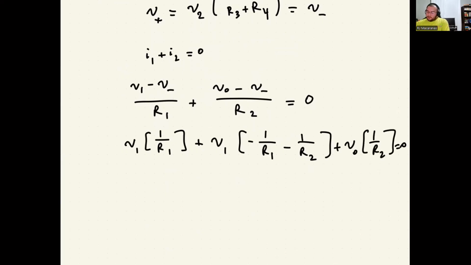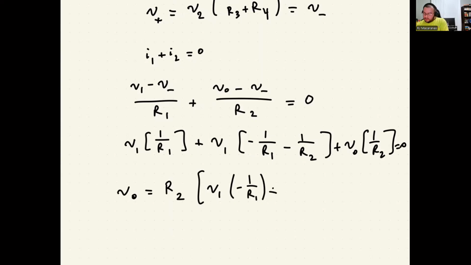Right, and so what I'll do next is I'll move everything over and multiply by R2. So I've got VO is going to be equal to R2 times my V1 times 1 over R1. And actually, since I'm moving it over, this is going to be minus 1 over R1.